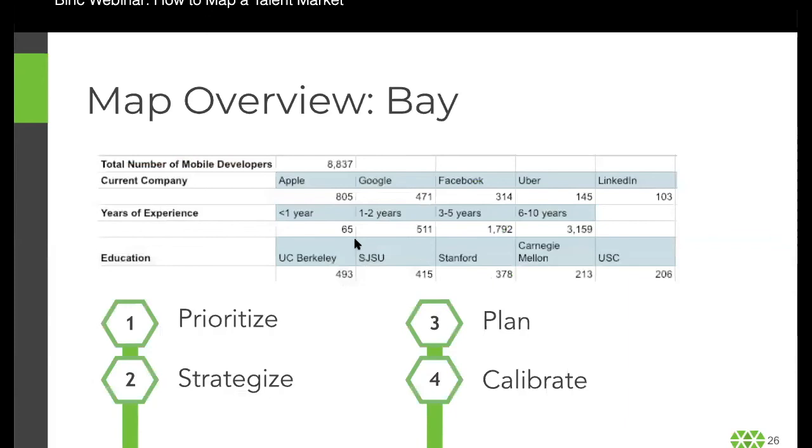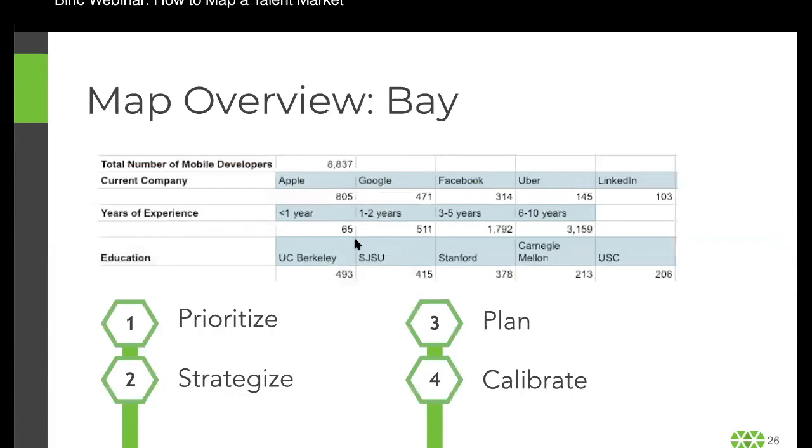But if, for example, we were asked to target junior level mobile engineers for some strategic reason, we would note that the market for this segment is on the fairly small side, and so that would influence how we engage our hiring leader on either time to engage or motivation to expand the breadth of that search criteria.